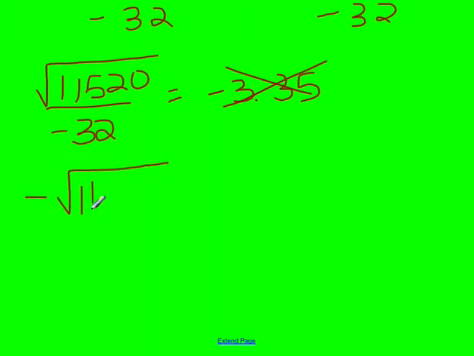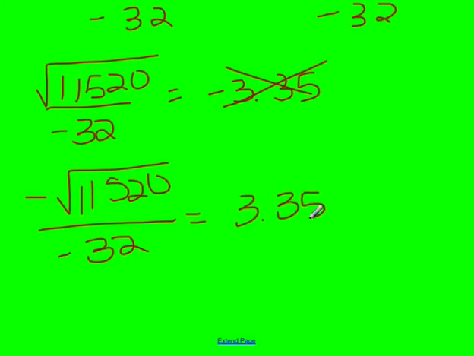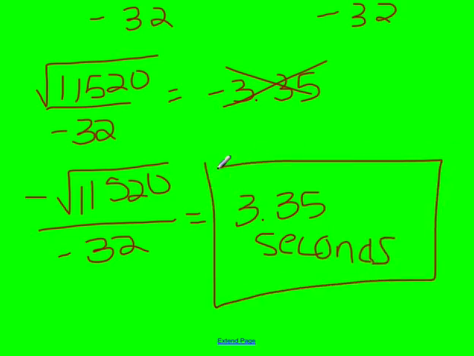So now I'm going to try 11,520 as a negative. So since it's negative, we're going to do that, hit enter, and divide it by negative 32. Well, I'm hoping this is positive because I have two negatives being divided. When I divide it out, I end up getting 3.35. Good, that's positive. So then I notice that my t is being labeled in seconds. So it takes them 3.35 seconds to drop to 30 feet.